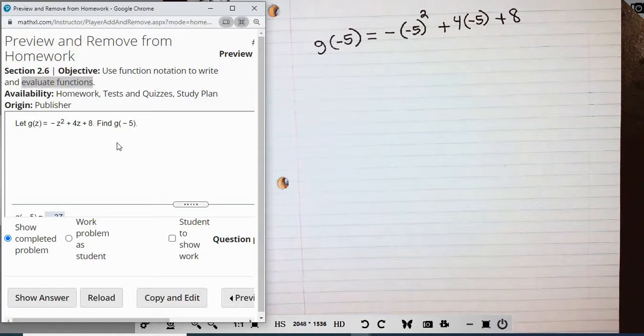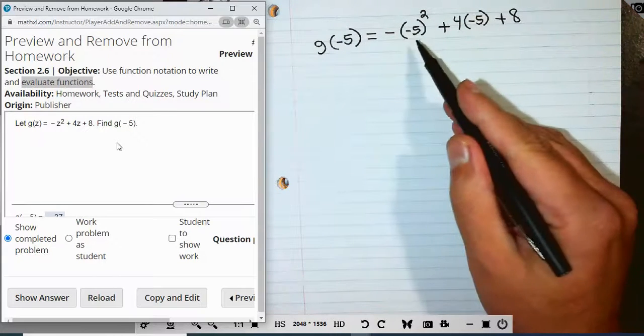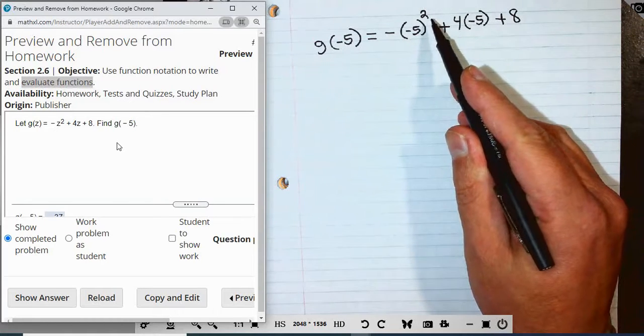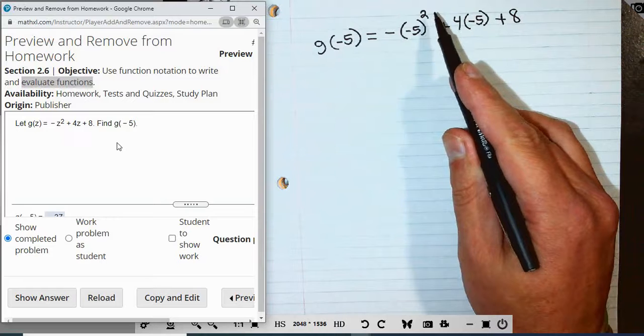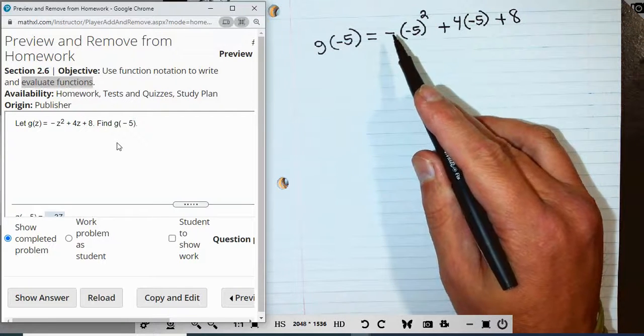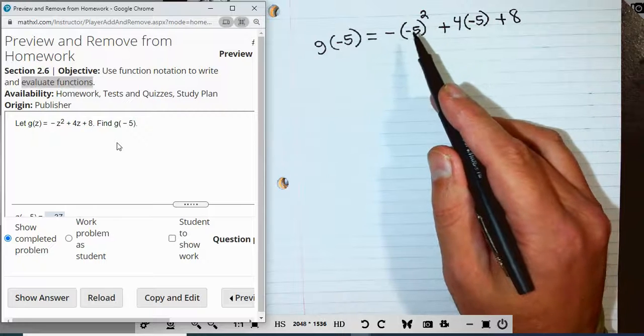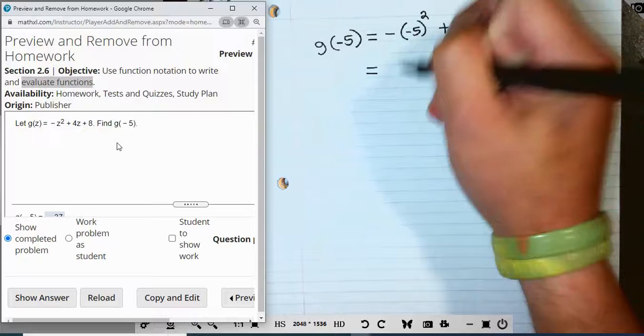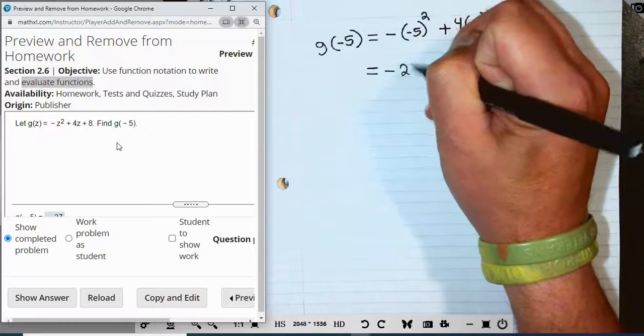Now -5 squared is positive 25, but because of PEMDAS, I apply the exponent first, then apply the negative on the outside, which is basically multiplying by a -1. Remember, exponents come before multiplication and division. So we will have -25 here.